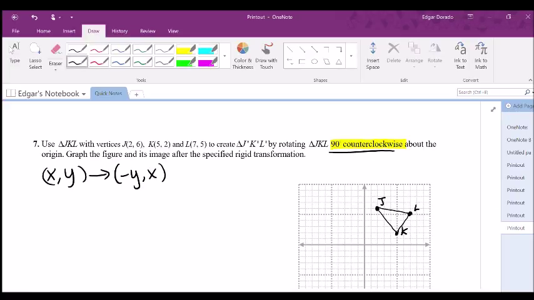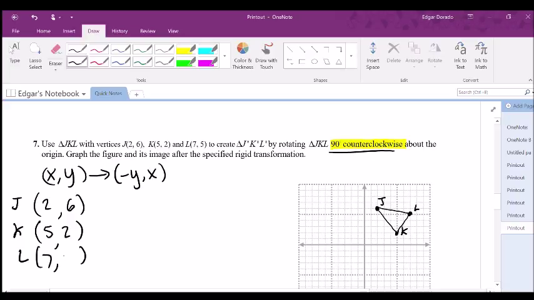So if my original was K, L, what were those original coordinates? They were 2, 6, 5, 2, and 7, 5. But now we're going to rotate them 90 degrees counterclockwise.